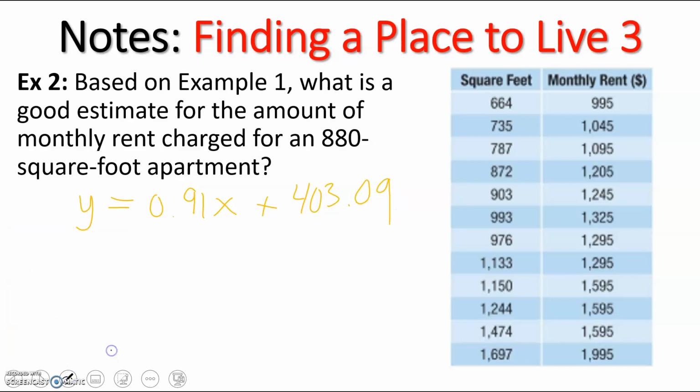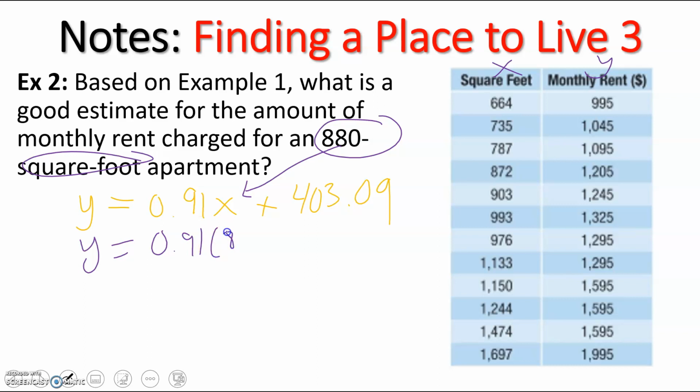Now, if I have an apartment that is 880 square foot, how am I going to determine how much this should cost? Now remember, square foot is X and monthly rent is Y. So we're looking at square feet, that's going to be an X. We're going to take that 880 and plug it into our equation for X. So I have Y is equal to 0.91 times 880 plus my 403 and 9 cents.